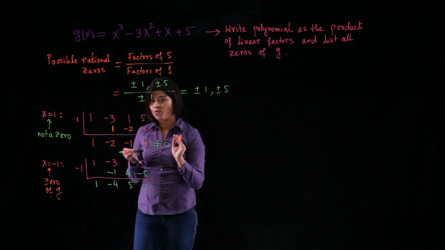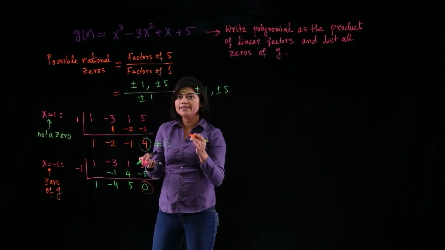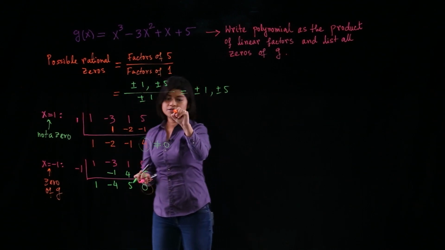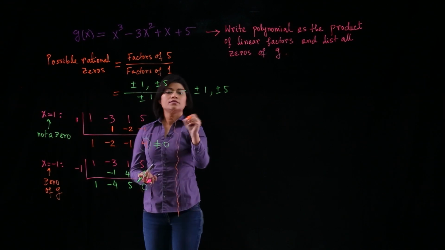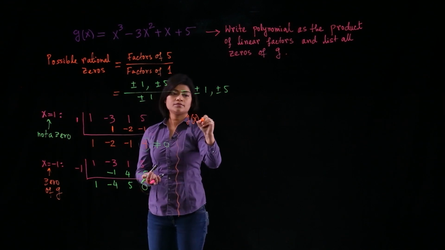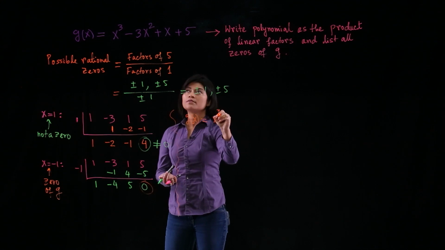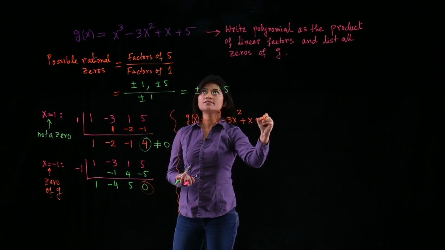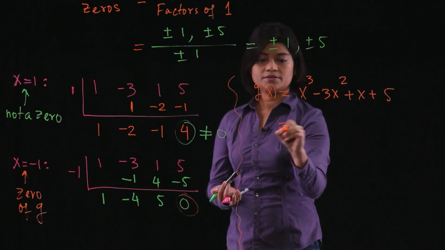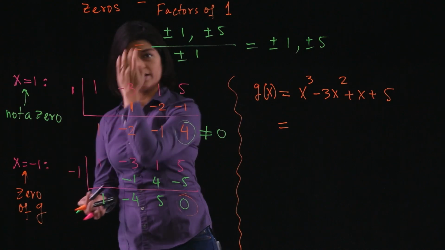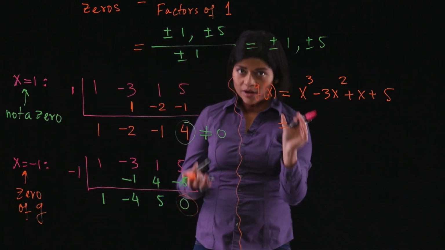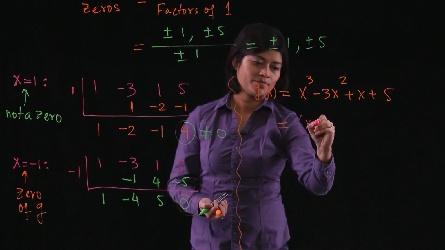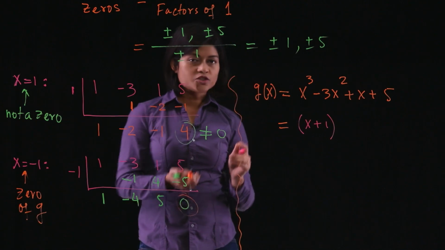Okay, so as soon as we found 1 zero, we can start writing down the linear factors of this polynomial. So let's start doing that. So the function is x cubed minus 3x squared plus x plus 5. And we found out that x equals negative 1 is a zero, which means one of the factors of this polynomial will be x plus 1. Okay, so think about it.